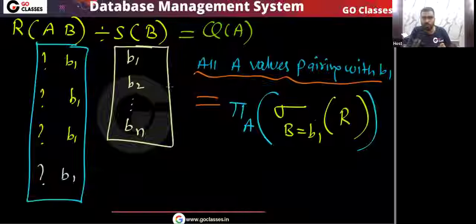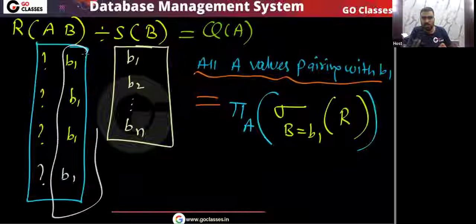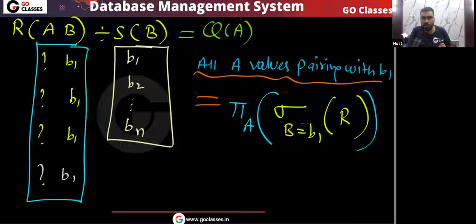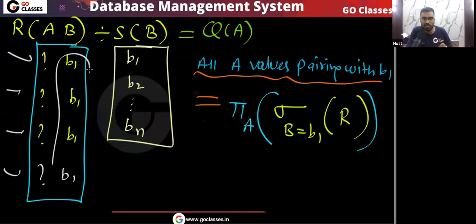From the table R, this B must be equal to B1, and I will project pi A. I will select these tuples where the B value is B1, and then I will project A. Yes or no?